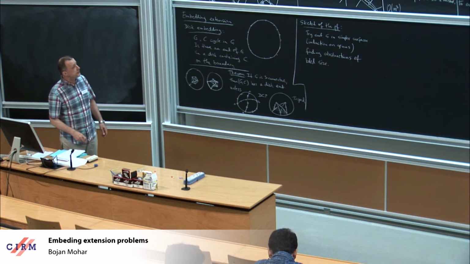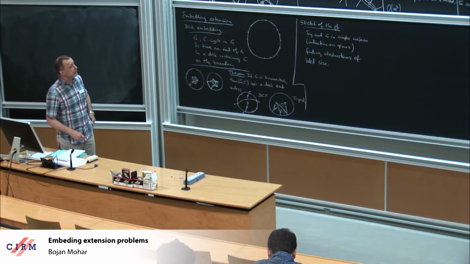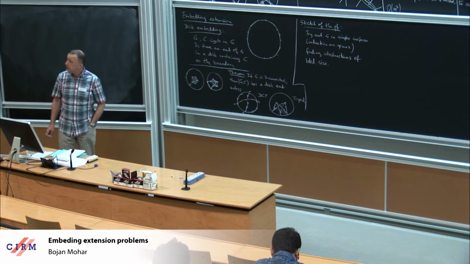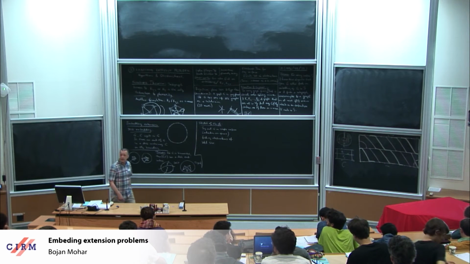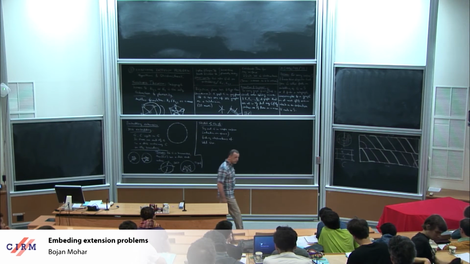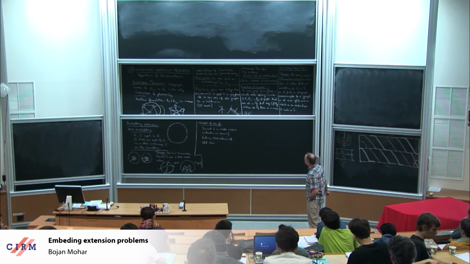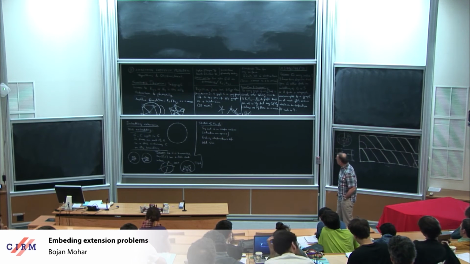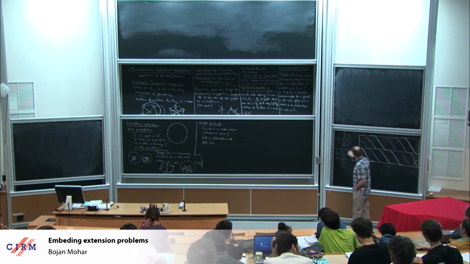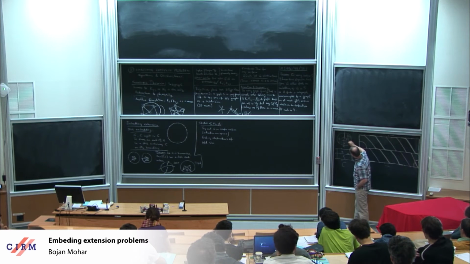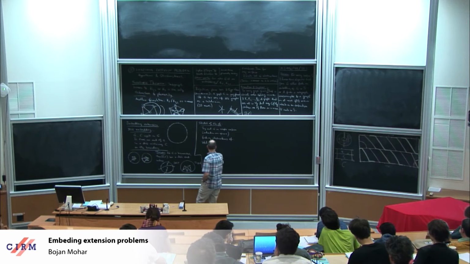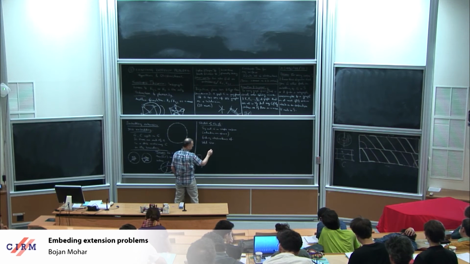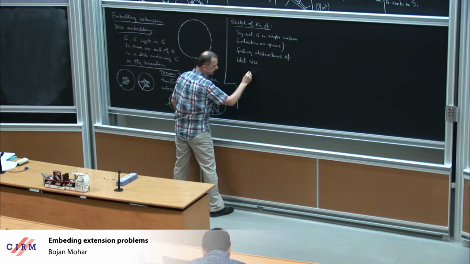Now this involves a few details. Maybe I should take a minute and prove a small theorem, just to have at least one proof in today's lecture. What you do is, when you try to extend, you look at the rest of the graph. So you have your obstruction for some surface, and you try to extend it in another surface.